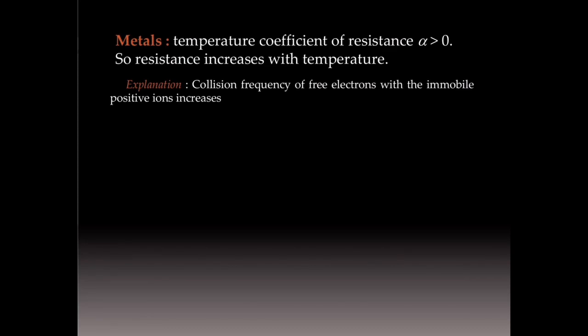For metals, see what the behavior is. Alpha is positive for metals. It means resistance will increase with increase in temperature and vice versa. The reason is that when temperature increases, collision frequency increases and relaxation time decreases.